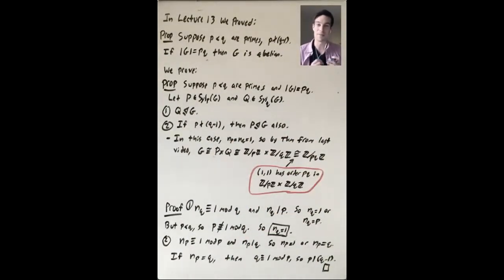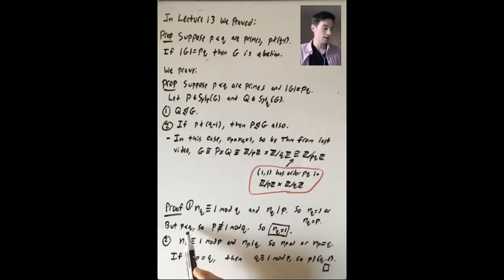The proof is going to be a straightforward application of the third part of Sylow's theorem. What do we know about the number of Sylow q-subgroups? Well, it's congruent to 1 mod q, and it divides the order of G divided by q, which is p. So that means it's either 1 or p, because p is a prime.